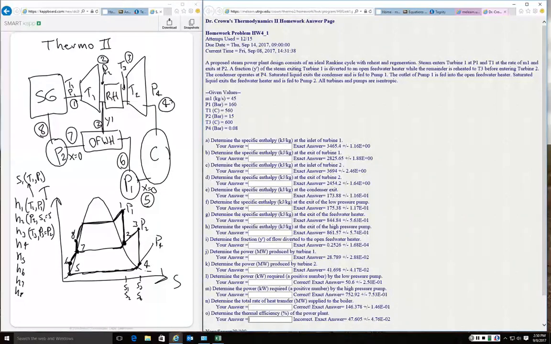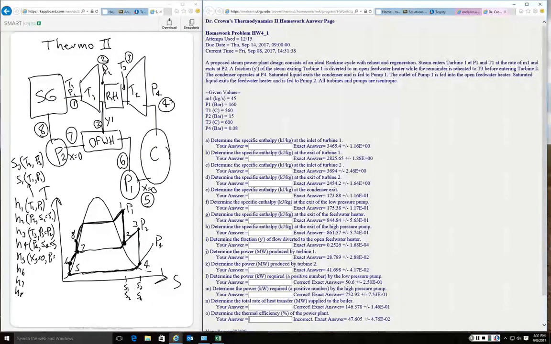State 4, I know the pressure, so P4, and I also know that S4 is equal to S3, and again, S3 I'll find from knowing T3 and P3. State 5, I know the quality. X5 is 0. And I also know the pressure or the temperature, but I'll say P5 equals P4.